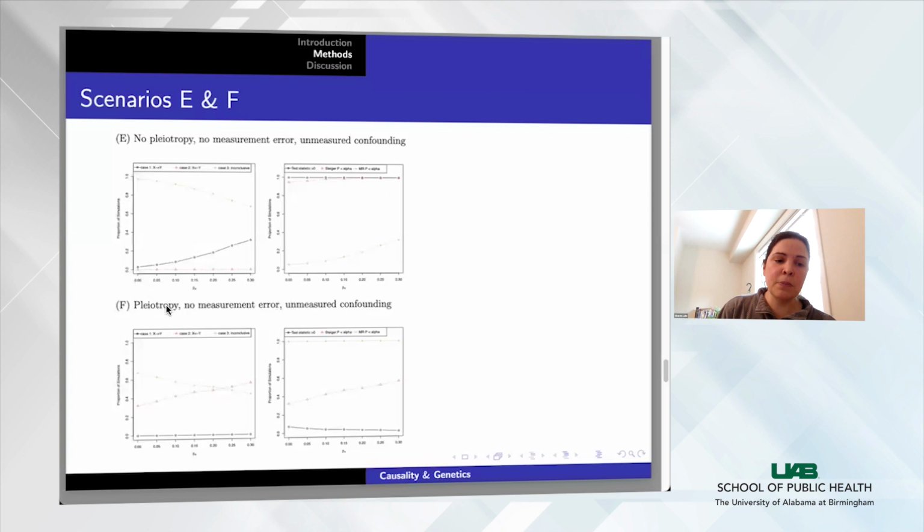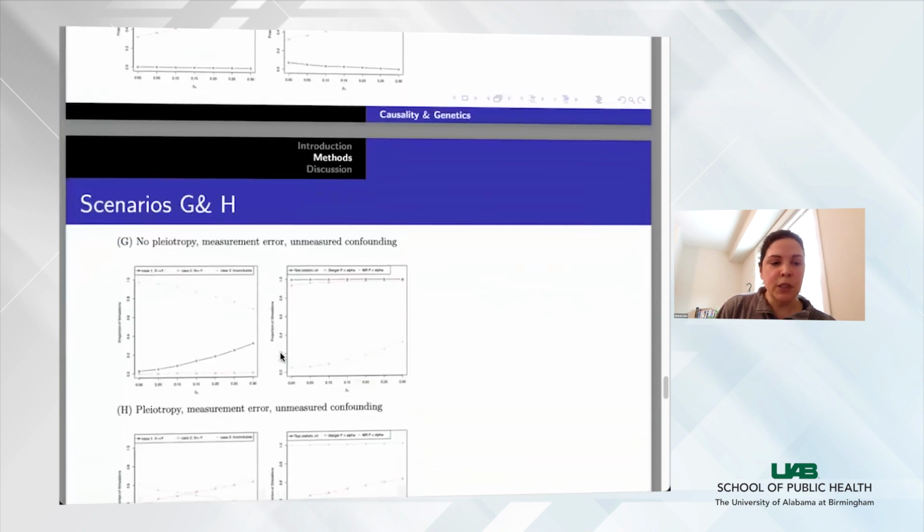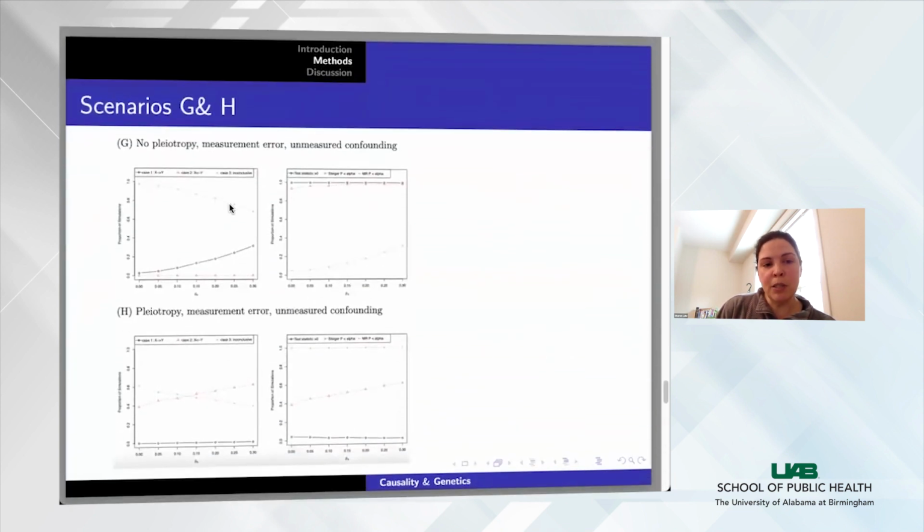Once we introduce pleiotropy, with no measurement error and unmeasured confounding, it's either inconclusive or the wrong effect direction. For no pleiotropy, with measurement error and unmeasured confounding, it's mostly inconclusive or the right effect direction. And once we introduce pleiotropy again, we're seeing the wrong effect direction or inconclusive.